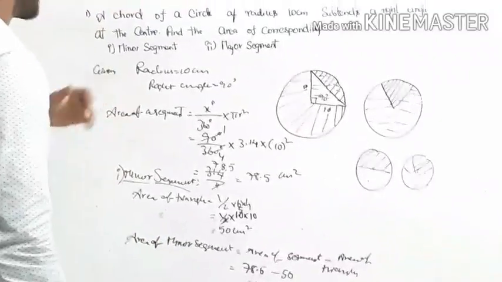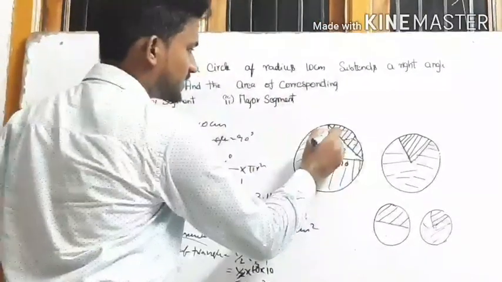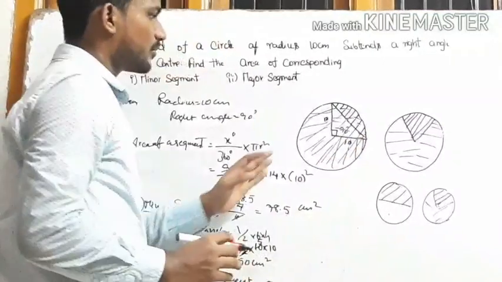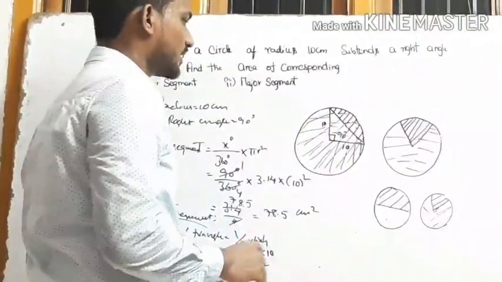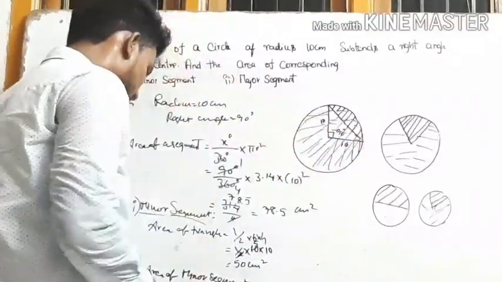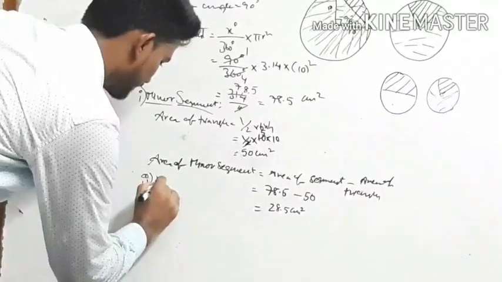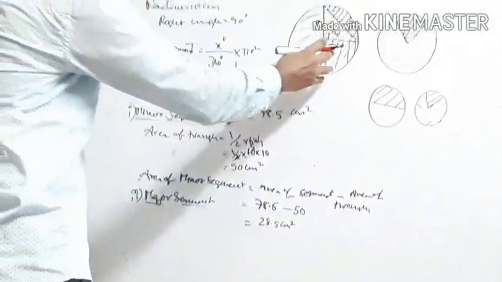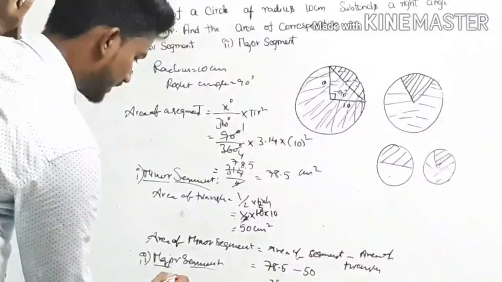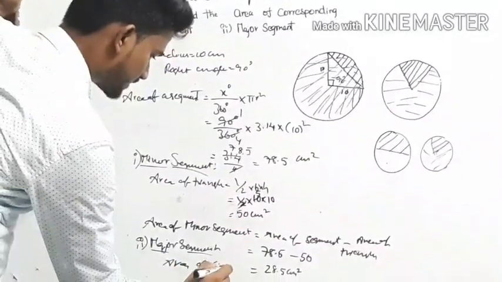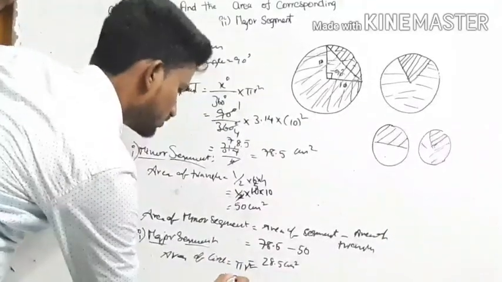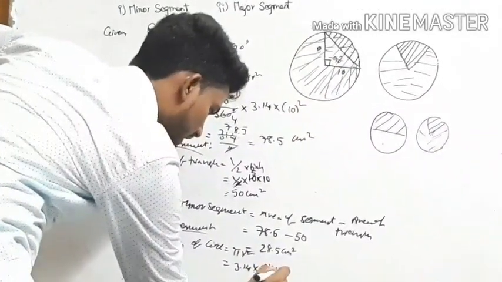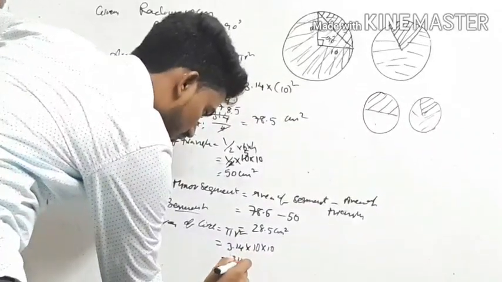With the minor segment done, we want to find the major segment. The major segment means this whole part, the triangle part also included. From the total, we find the area of the circle, which equals pi r square, equals 3.14 into 10 into 10, that is 314 centimeter square.